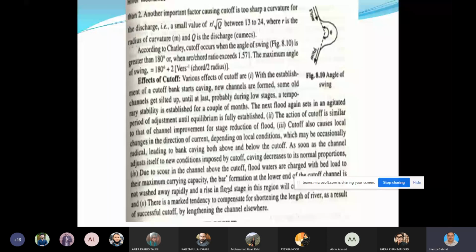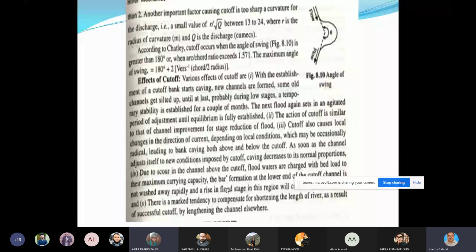Some old channels get silted up until at last, probably during low stage, temporary stability is established for a couple of months. So this is the main effect of cutoff, that the banks start caving, that the erosion takes place, and the new channels are formed, and the old channels will get silted up.